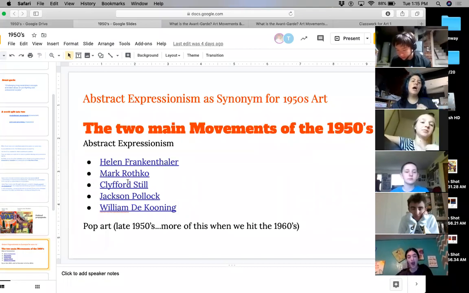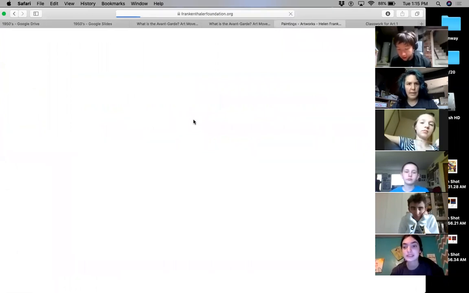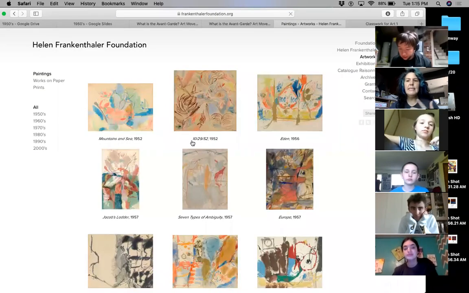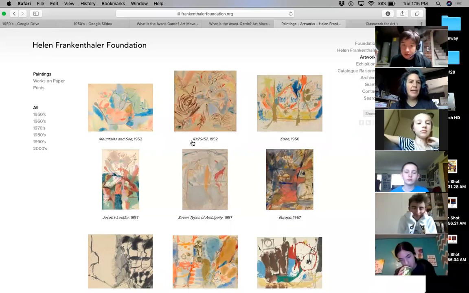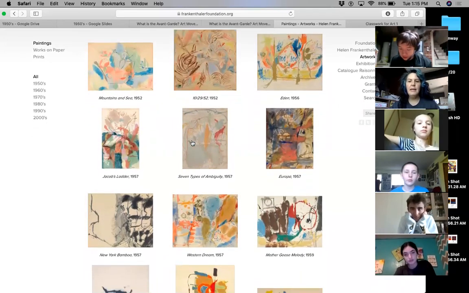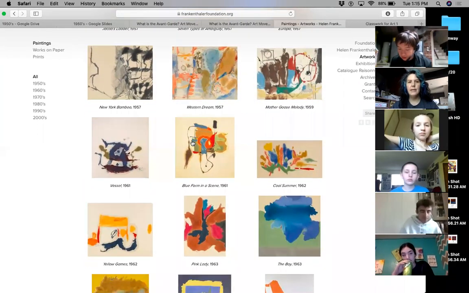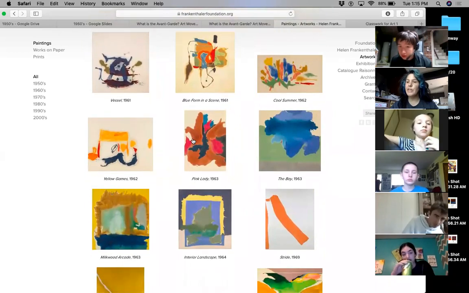So our artists we have, let's start with Helen here. All right, this is an example of Helen's abstract expressionism. Again, people have strong opinions and strong feelings about abstract expressionism.